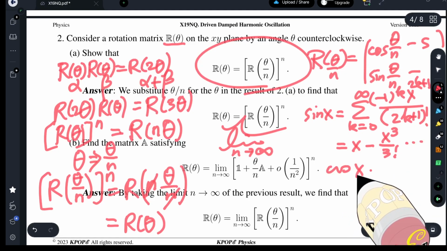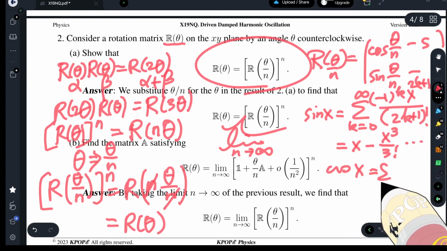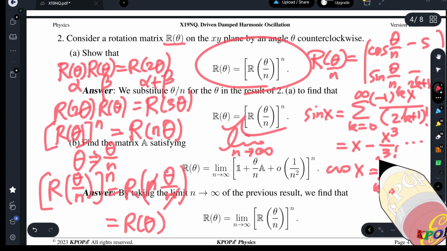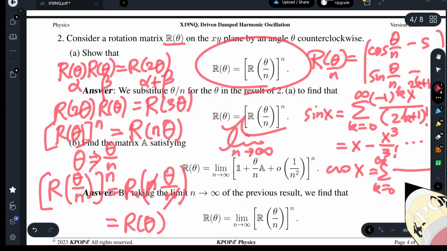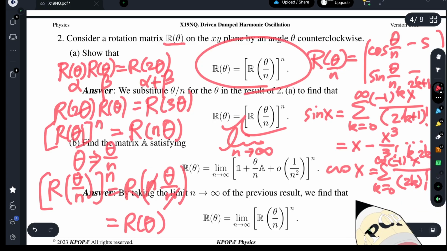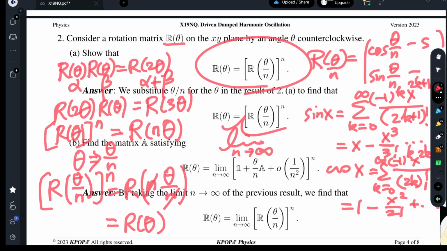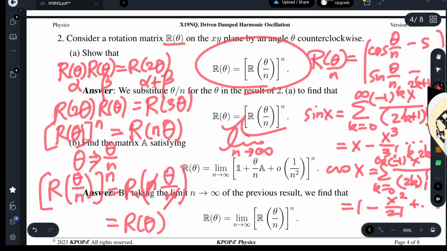Cosine of x, therefore it should be, and so on. As a result, I can express this matrix as a power series of 1 over n.